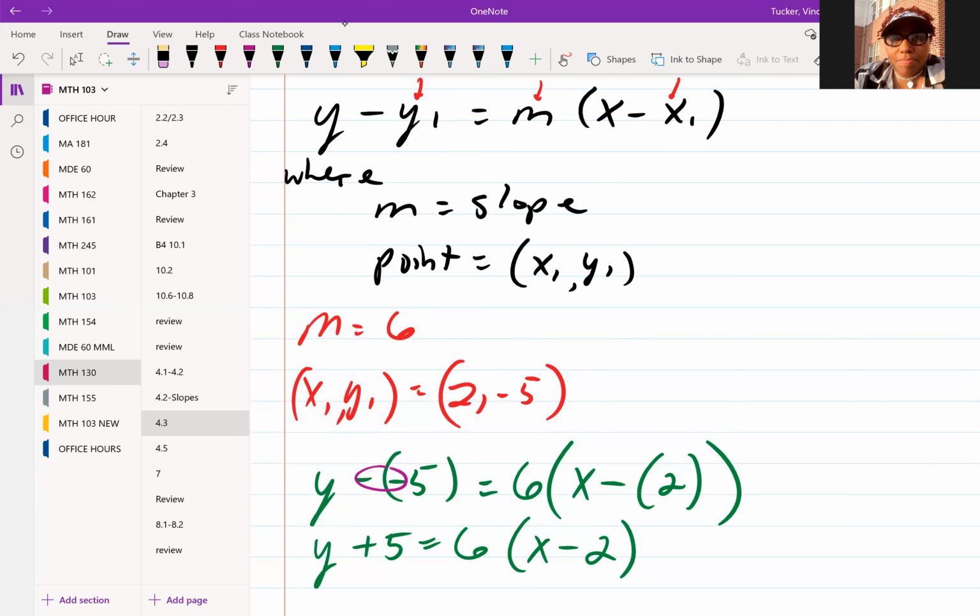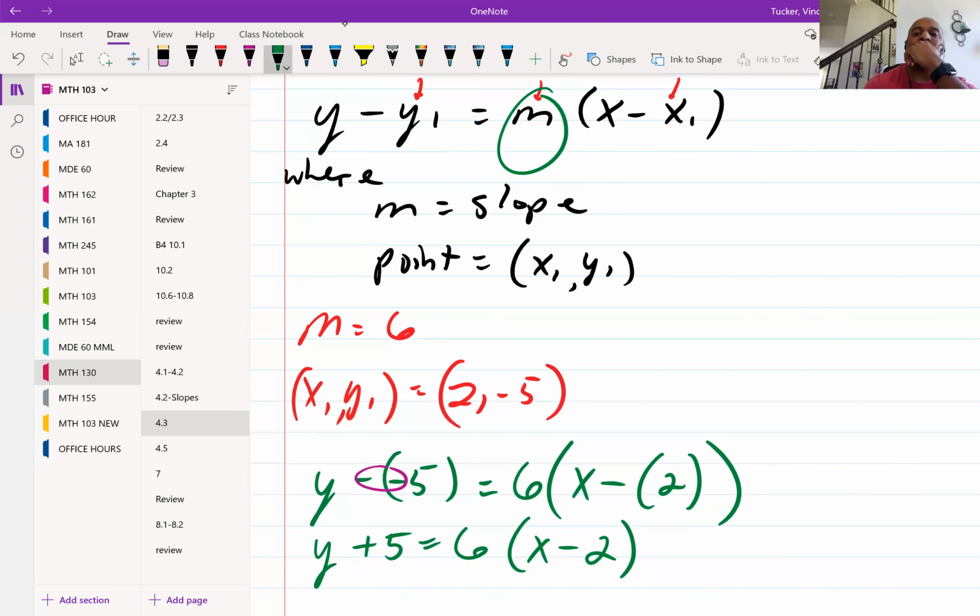So y1 would be the second one. And because it's y minus, that's where that first minus comes from, because it's y minus y1. So you get the minus, and then y1 is -5. And that equals 6, which is m.